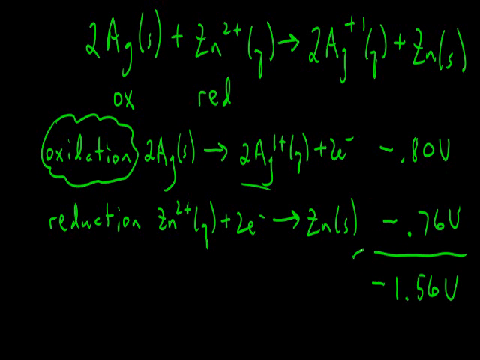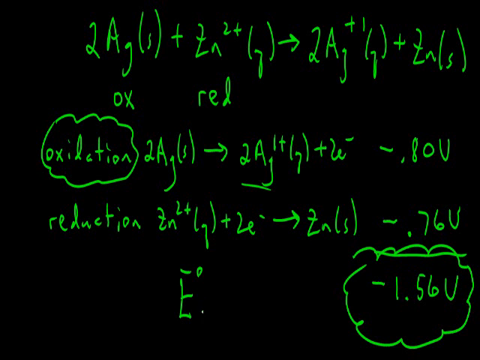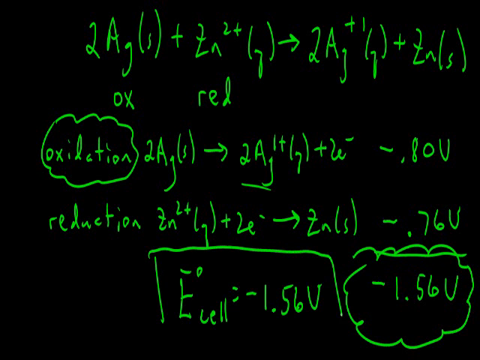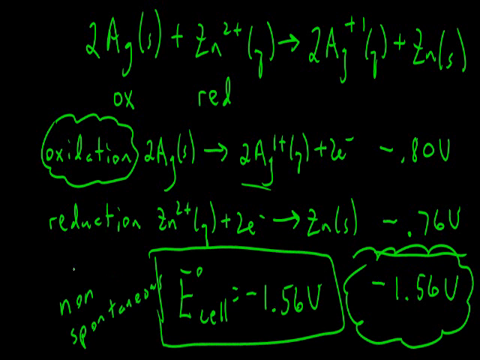Adding the two half reactions together gives us a negative 1.56 volts. So for our reaction, the E cell comes out to be a negative 1.56 volts, which identifies this particular reaction as written as being an electrolytic and non-spontaneous electrochemical cell.